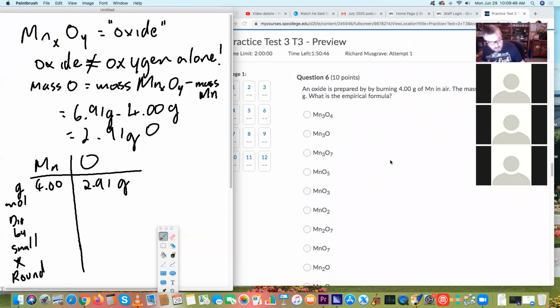I won't do the working for that, but 4 divided by 54.94 is 0.0728. And for the oxygen, 2.91 divided by 16, that's 0.181. And we divide both of those by the smaller of the two.